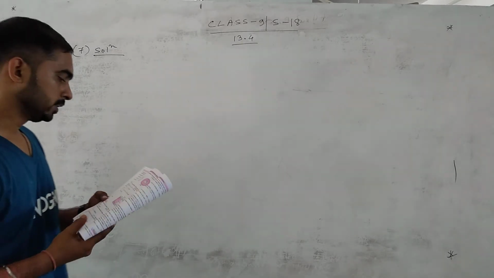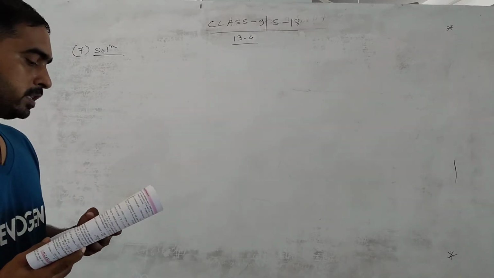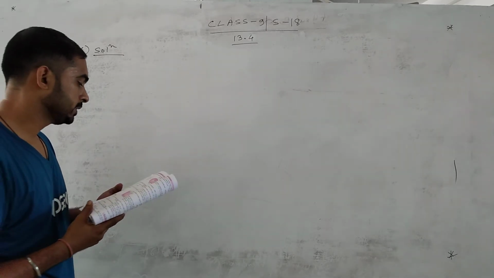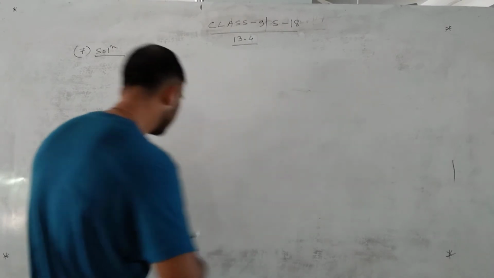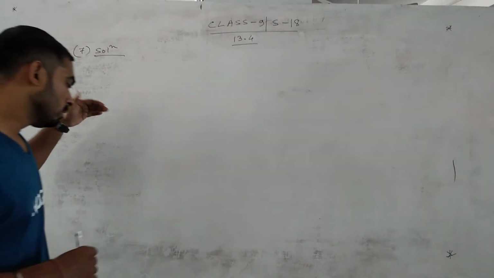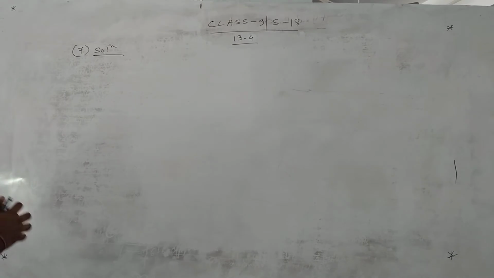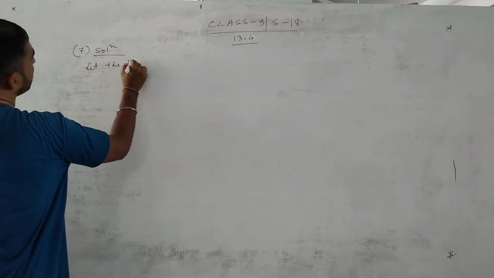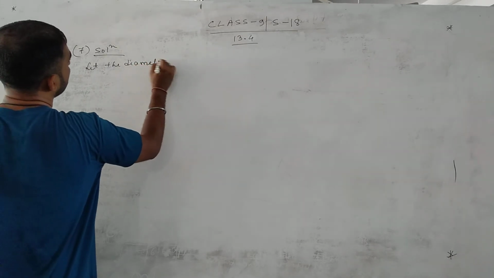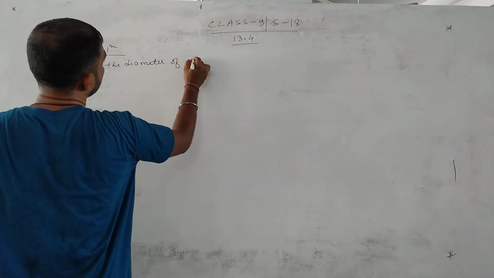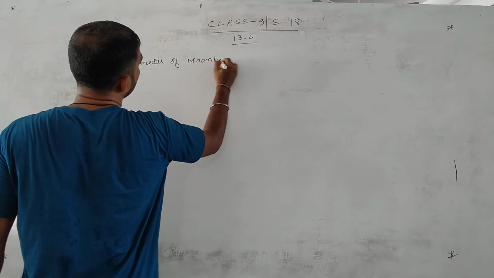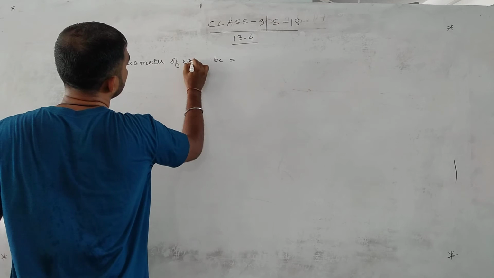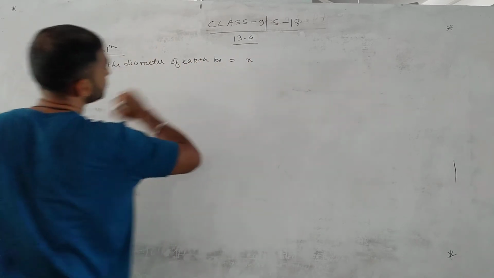Okay, now the next question. The diameter of the moon is approximately 1/4 the diameter of the earth. Find the ratio of the surface area. First of all, let the diameter of the earth be x.